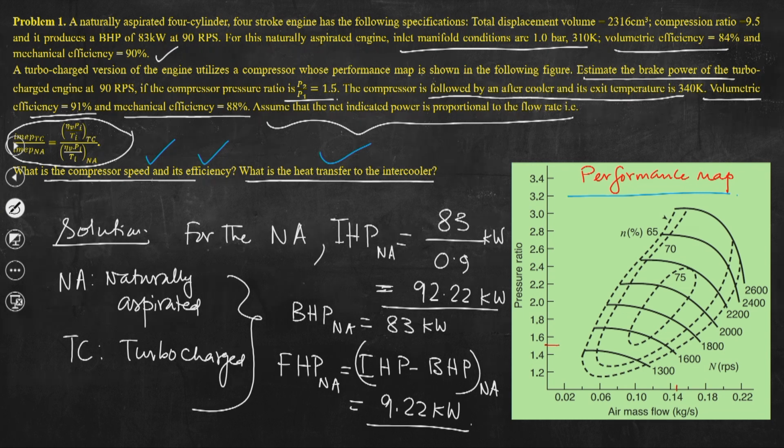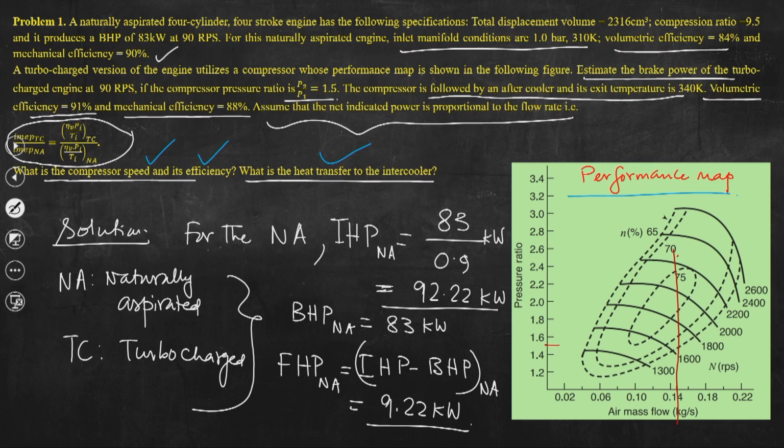What we need to do is draw one line parallel to the pressure ratio axis, that is the y axis, passing through the point where mass flow rate is 0.145. It may not be exactly equal, but we need to draw a vertical line like this.